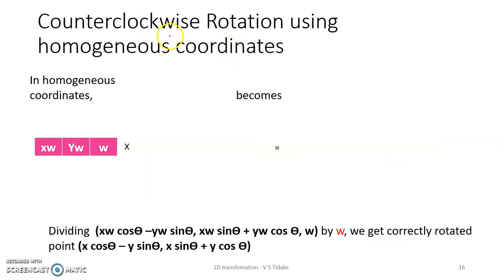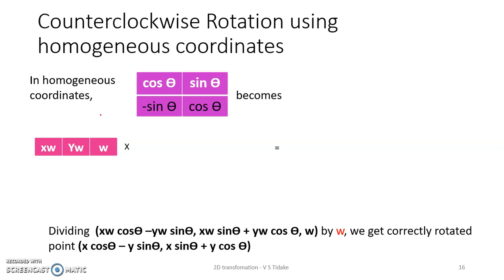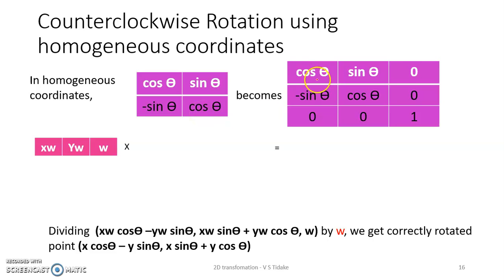Similarly, the counterclockwise rotation matrix in homogeneous coordinates will be represented as follows. So this is our rotation matrix for counterclockwise rotation by angle theta: cos theta, sin theta, minus sin theta, cos theta. In homogeneous coordinates it becomes cos theta, sin theta, 0; minus sin theta, cos theta, 0; and 0, 0, 1.